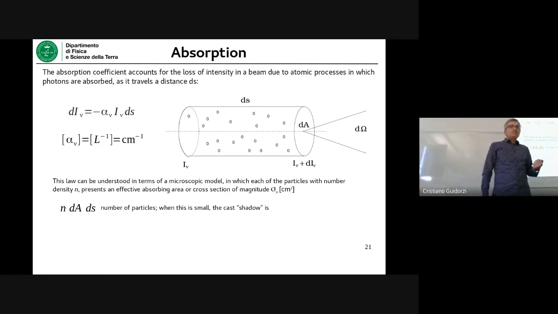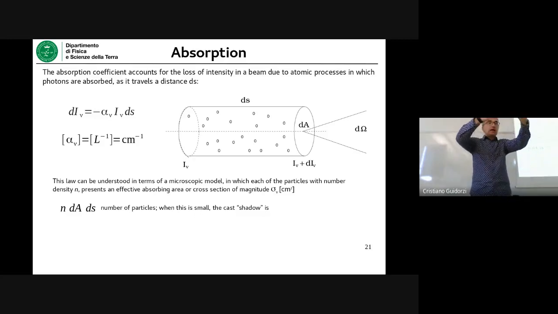So how much radiation will be absorbed? Well, you can think of the total projected area, dA, that's the total area through which radiation flows, and what's the fraction of that area that will absorb radiation? Well, that's the total projected area of all your atoms.